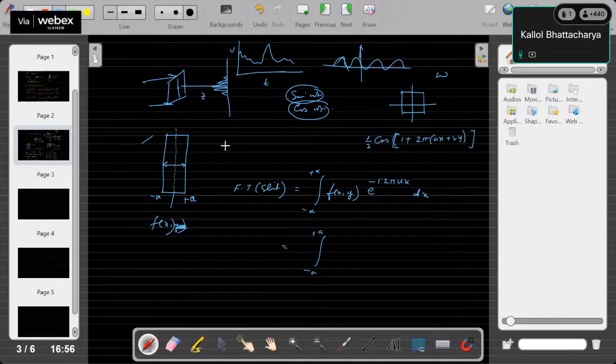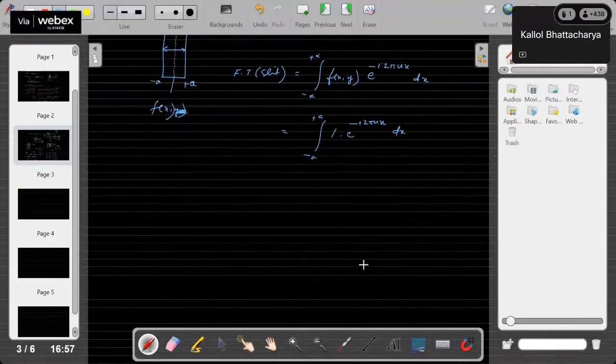All the light is transmitted. Beyond that, no light is transmitted. So f(x) between minus a to plus a is 1, and you have this kernel of the Fourier transform, e to the power minus i twice pi u x dx, right?